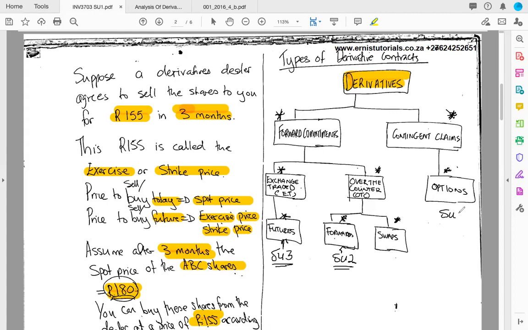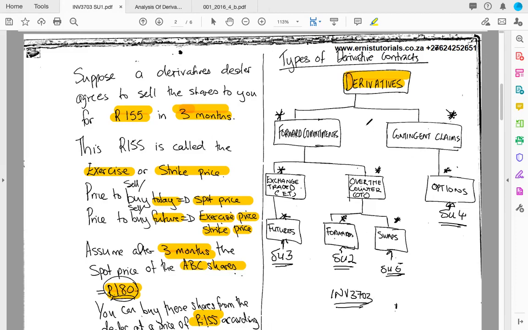And then study unit 4 focuses on options, what options are and how to do calculations involving options. And finally, study unit 5 focuses on swaps, what swaps are, and how to do calculations involving swaps. So this diagram that I've just put up on the screen summarizes what the module INV3703 is all about.